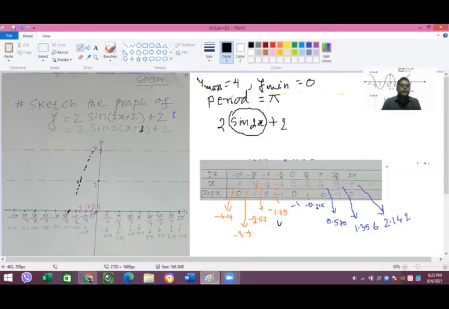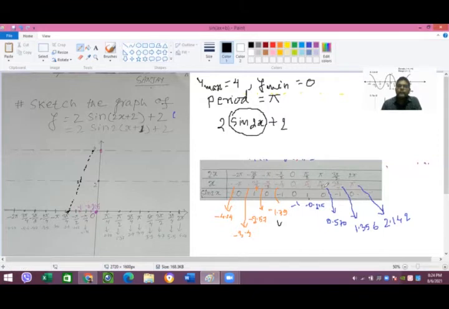Now let's see what happens here. If you move towards the right from this point, y equals 4. This is the maximum point, and this is the minimum point we have already got on this side. Now we'll talk about the right side. We have already worked up to pi by 4. Now at pi by 2, the curve again attains 0. That means it attains the point at y equals 2 in this case, because of the value c equals 2.